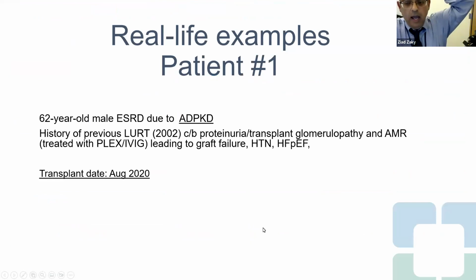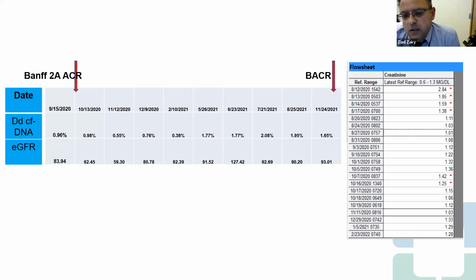Now, how can we use this in real life? I have here 2 examples of cases where the donor-derived cell-free DNA did help. First case, a 62-year-old, actually a physician, with polycystic kidney disease. He got a second transplant, having failed his first transplant due to rejection. As you can see here, even though his creatinine was close to normal, baseline around 1, he had elevated donor-derived cell-free DNA.